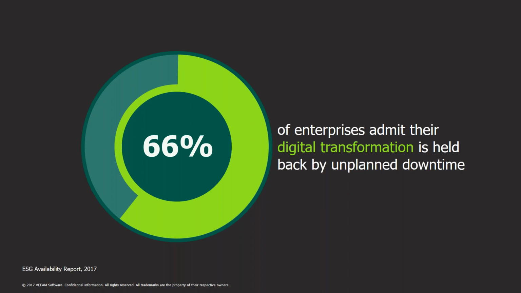That's great, but a single outage of a single application can bring an entire organization to its knees when we consider this reliance on IT. When we did our availability report at the end of last year with ESG, it uncovered that 66% of enterprises admitted that the digital transformation strategy their company is tasking them with is being held back by unplanned downtime.